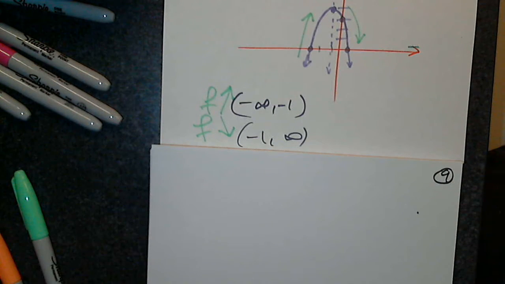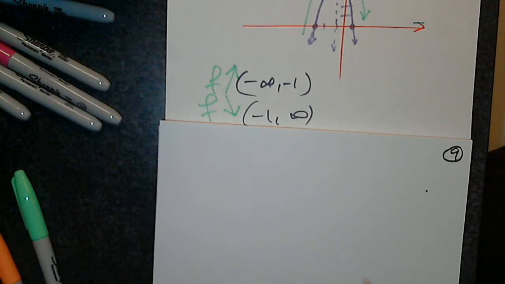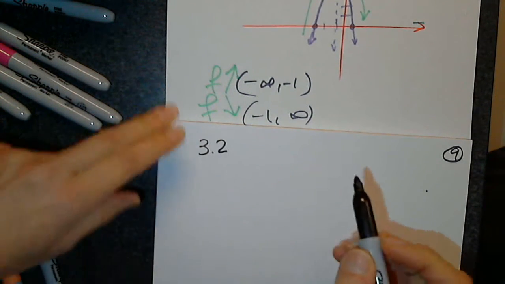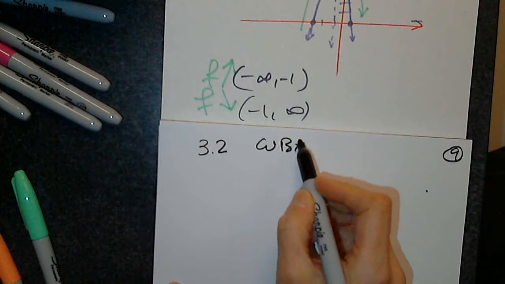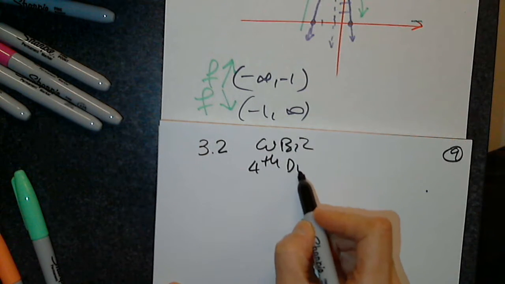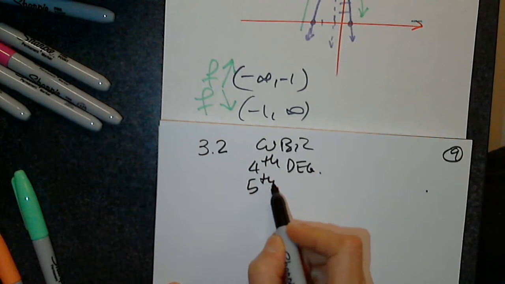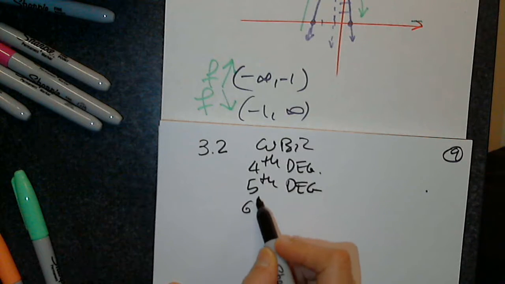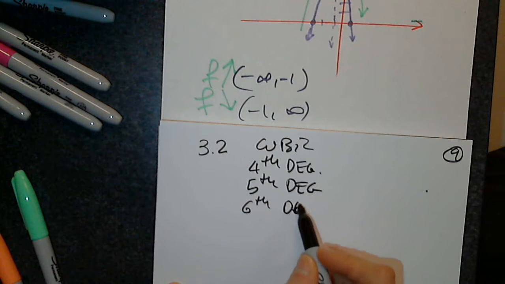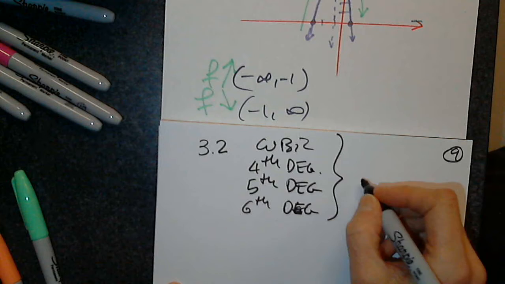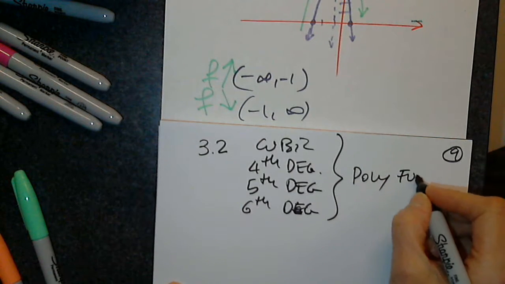The quadratic function is polynomial, I would have said yes. But now we are looking at higher degree polynomial functions: cubic, 4th degree, 5th degree, 6th degree, and so on and so forth.